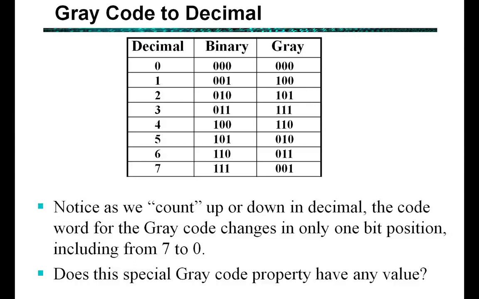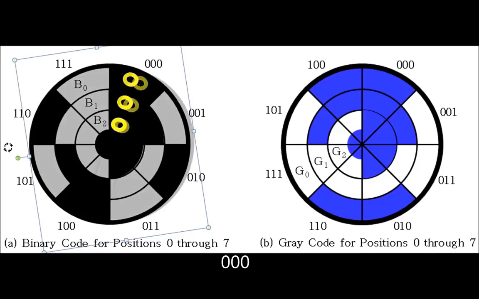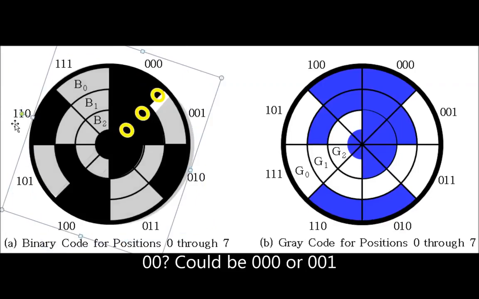Then the question really is, does this special gray code property have any value for us when we're thinking about the shaft encoder? So if we look back carefully at this shaft encoder, we can see that as the light source and sensor is rotated relative to the encoder disk, from the 000 position, we notice that when it transitions between 000 and 001, that first bit could be either a 0 or a 1 when it's on the threshold.